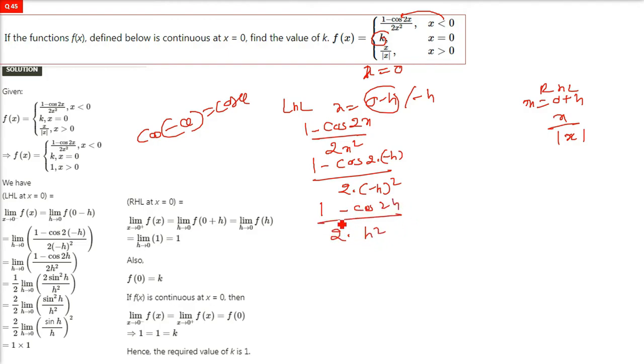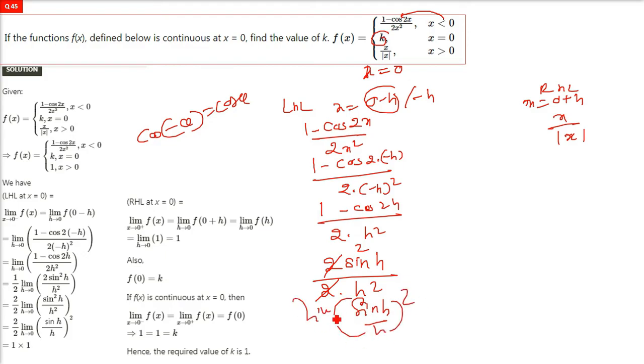What is 1 minus cos 2h? It is 2 sine square h, and the denominator is 2h square. So you can cancel these 2 and 2, and sine h by h whole square, limit h tends to 0, is going to be 1. So eventually, you know the sine theta by theta limit as theta tends to 0 is 1.